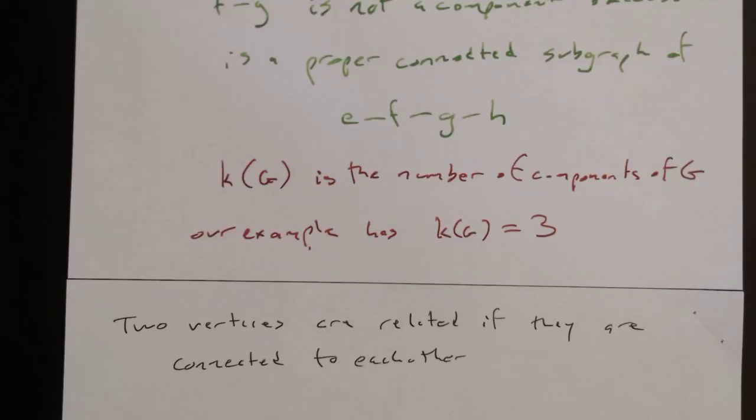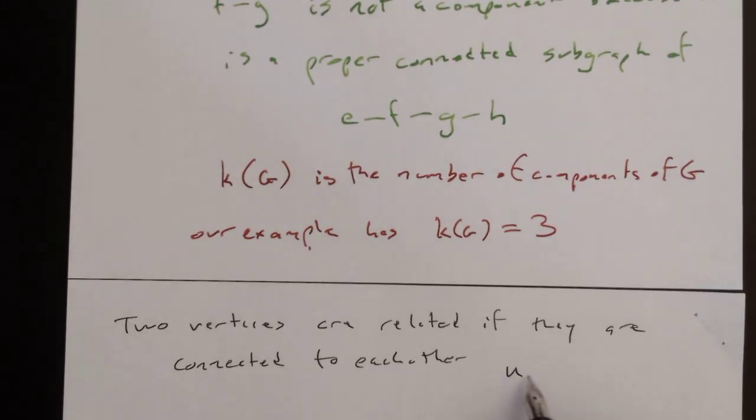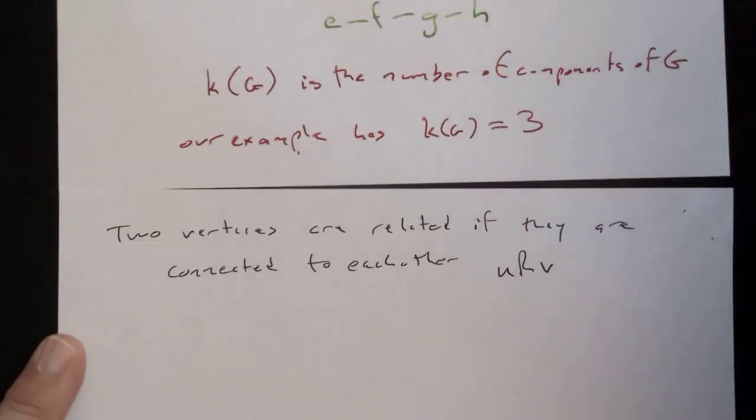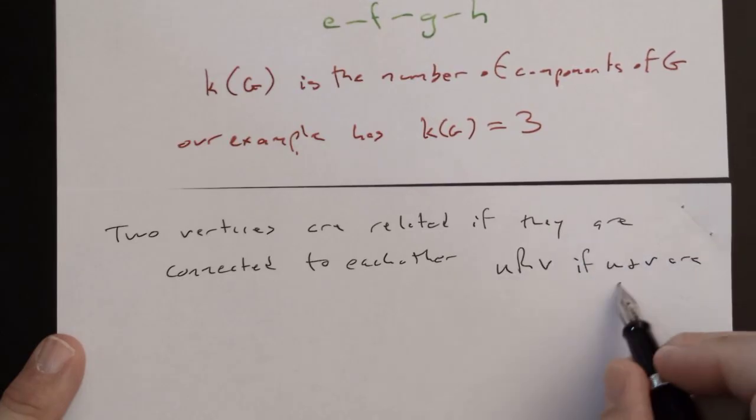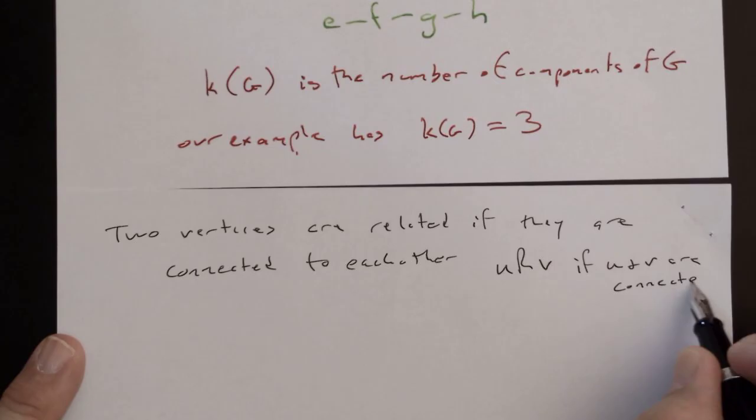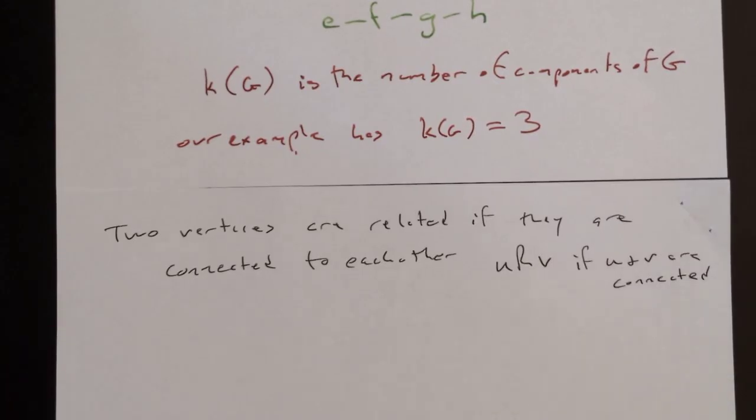I'm going to do it again. I'm actually going to say U is related to V if U and V are connected. Remember when we were doing relations, we looked at properties.